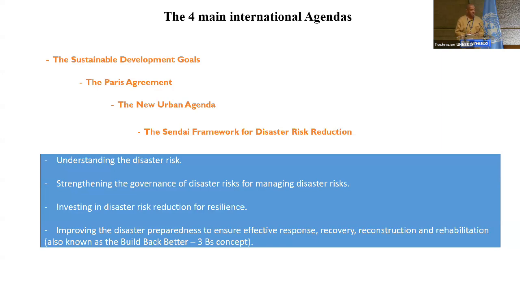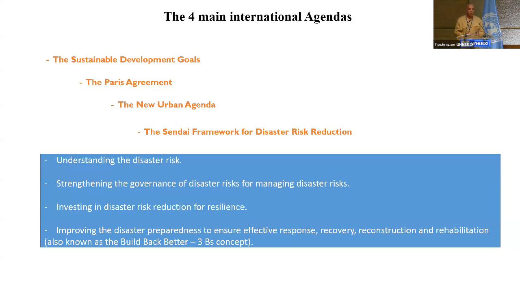So when we talk about the Sendai framework, I'd like to once again recall the priorities: understanding risk, of course, strengthening the governance of disaster risk, and also investing in disaster risk reduction for resilience. These 3 priorities, we understand, are related to disaster risk reduction.